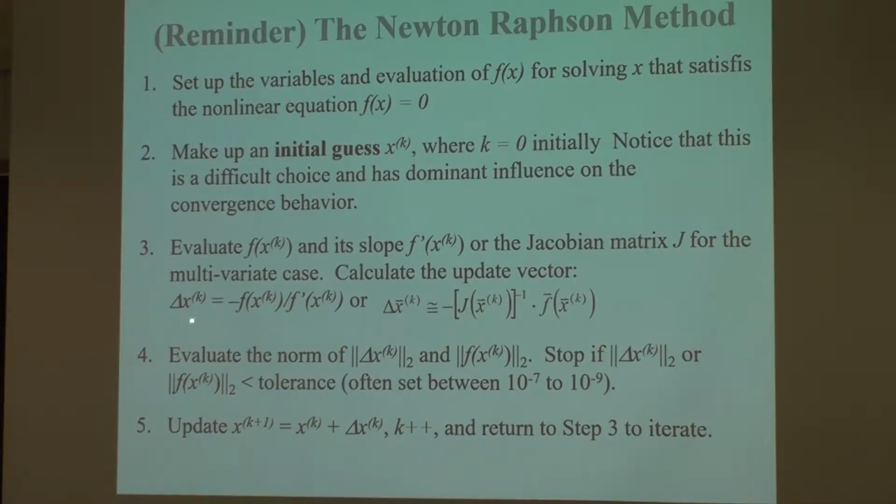In the Newton search, your delta x is minus your f, which is now your gradient of V that needs to go to 0. So this is your residual function divided by the Jacobian, so Jacobian inverse. This is the Newton search for making f(x) 0.